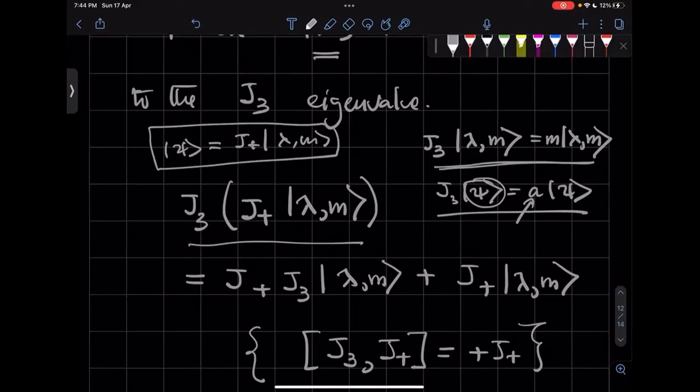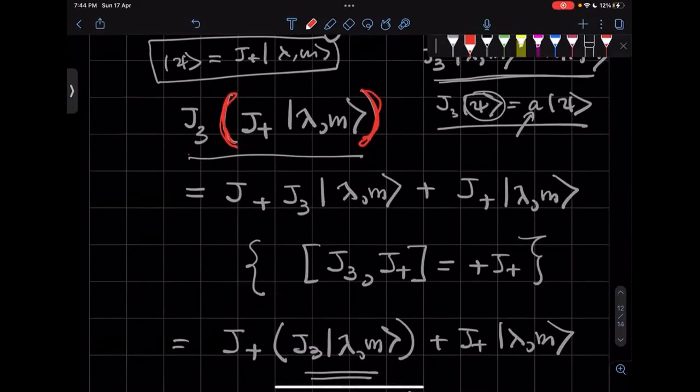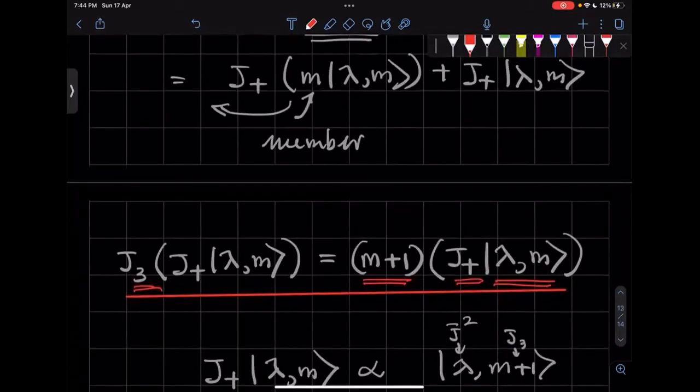Okay, I see. So now this whole thing is the state. And what I've proved here is that if you apply J3 on it by using the algebra, you actually get another eigenvalue equation, but with the eigenvalue changed to m plus 1. So this state, the ket, has J3 eigenvalue m over here, right, Saif?